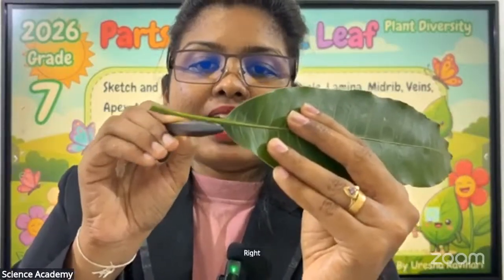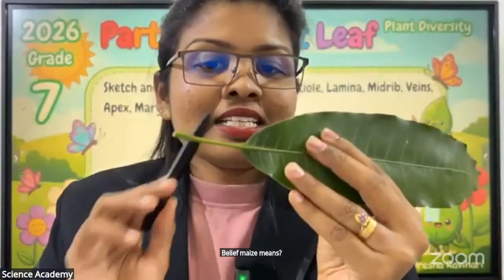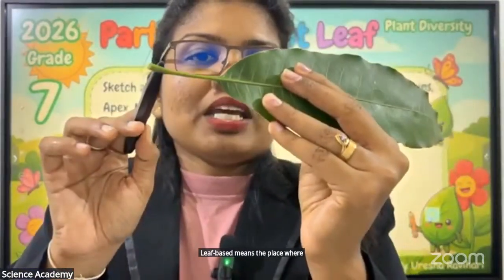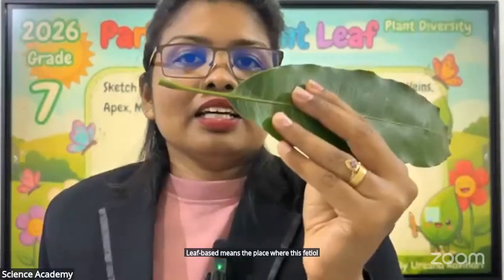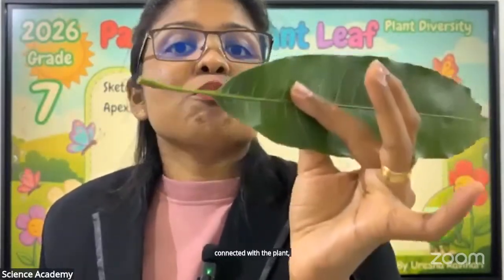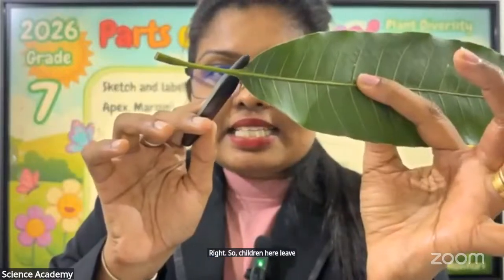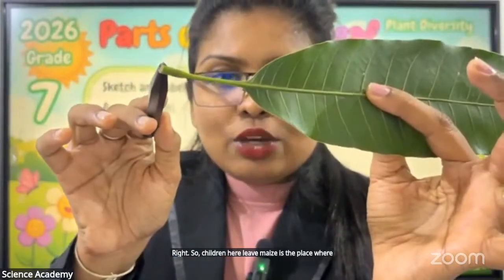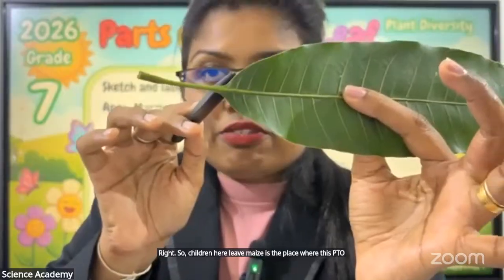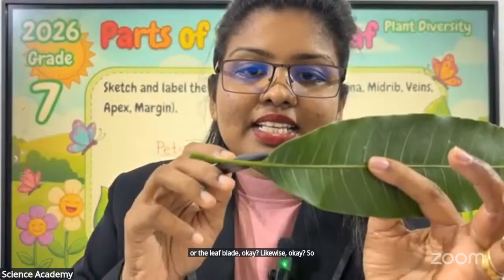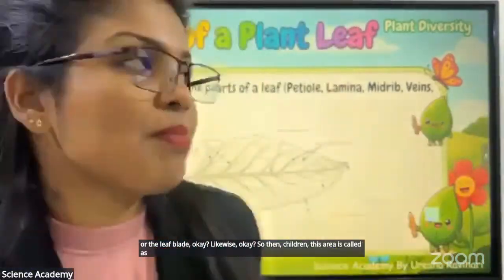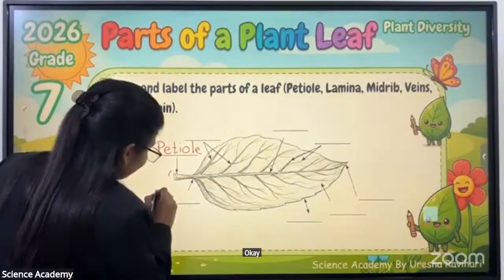Leaf base means the place where the petiole is connected with the plant leaf blade. So children, the leaf base is the place where the petiole is connected with the leaf blade. Likewise, this area is called the leaf base.